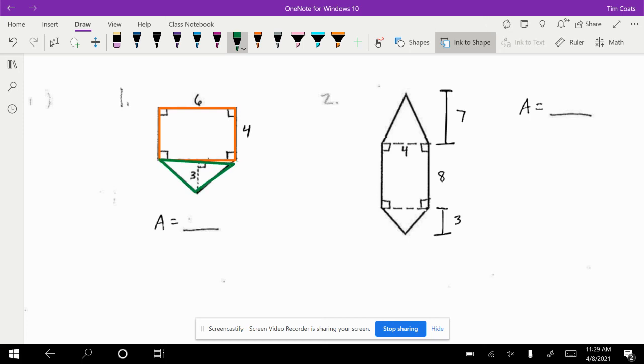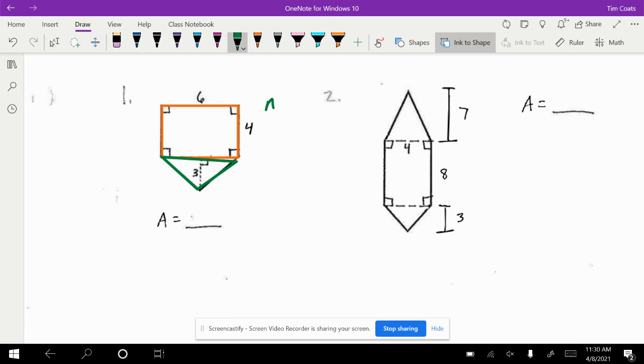So we just need to think about what's the area of the orange one. The area of the orange one is base times height, 6 times 4. So that's 24. And we need to think about what the area of the green one is. Well, area of a triangle is 1/2 base times height.